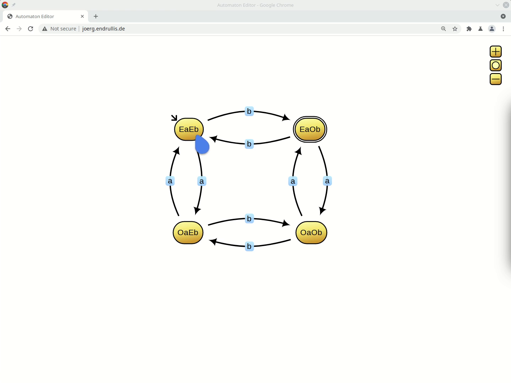If we are in this state and we read a B, then we switch from an even number of B's to an odd number of B's. If we read a B again, we switch back to an even number of B's. And if we're in this state, we read an A, we switch from an even number of A's to an odd number of A's. And if we read an A again, we switch back to an even number of A's.